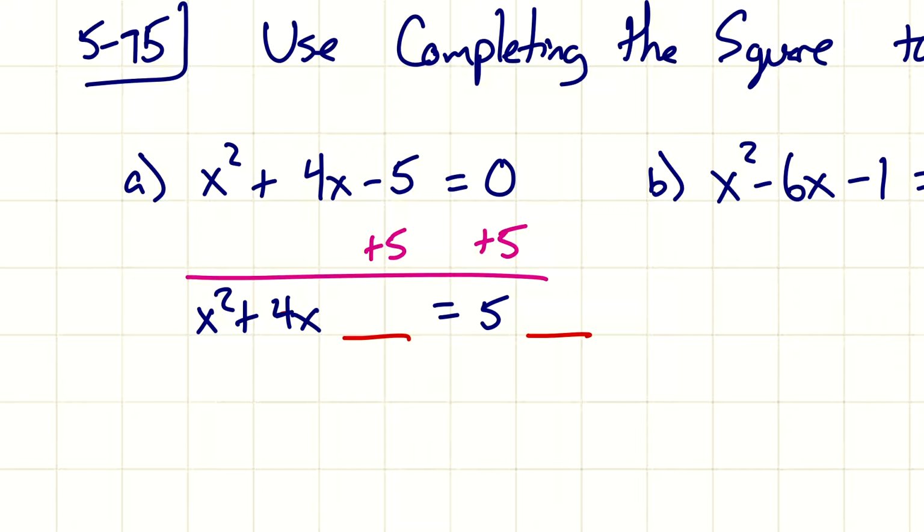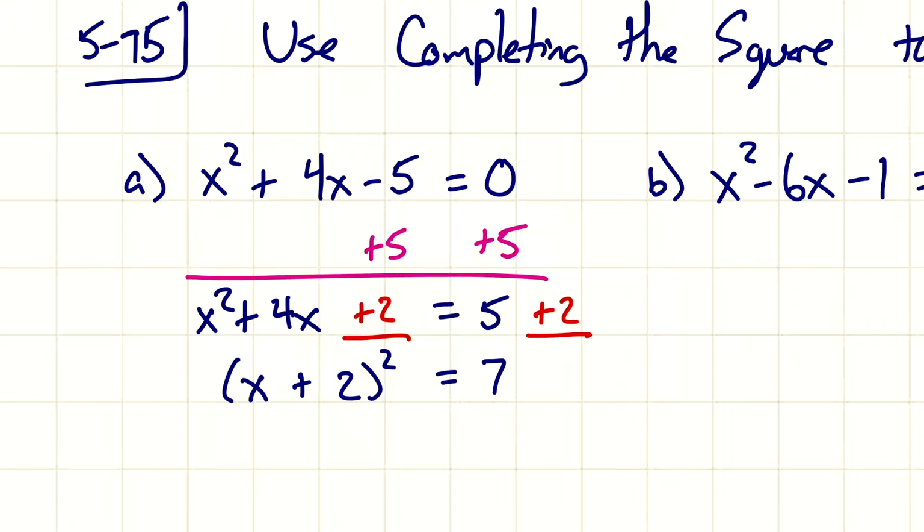So I'm going to take 4 and cut it in half, and that's a 2. And then I'm going to add 2 to both sides. So 4 divided by 2, and I'm just going to put it there. All right, and so that means I'm left with, we could factor this, and this is going to be x plus 2 squared equals 7, and it's already in perfect square form.